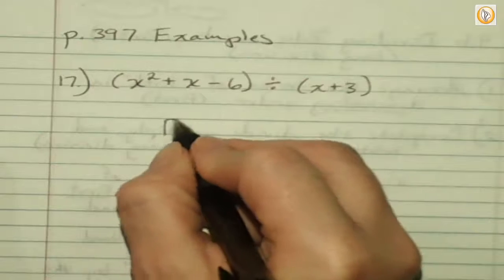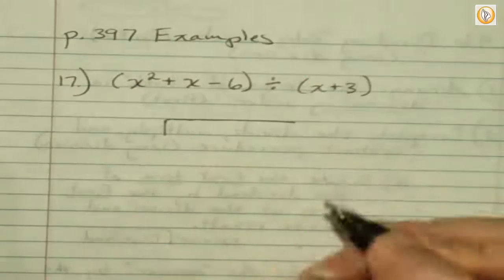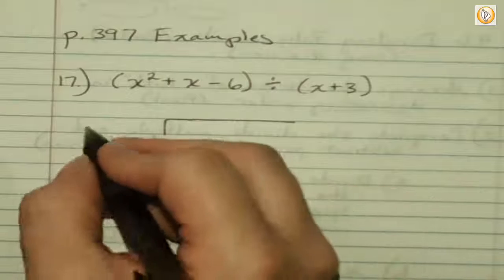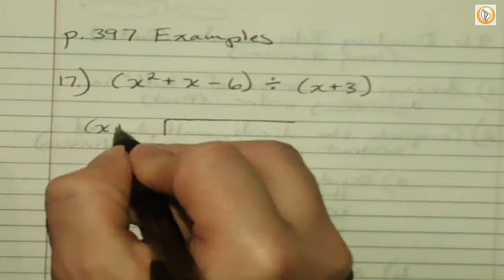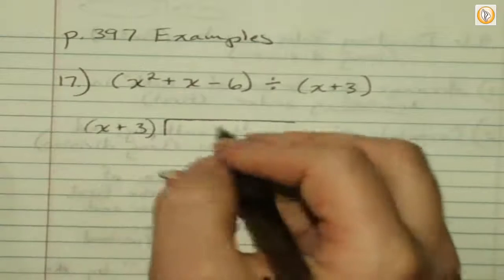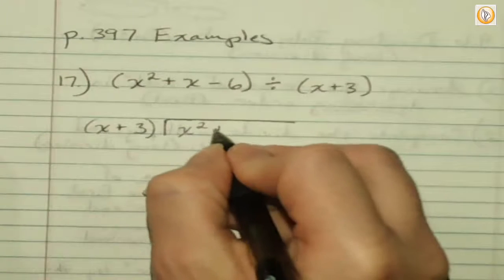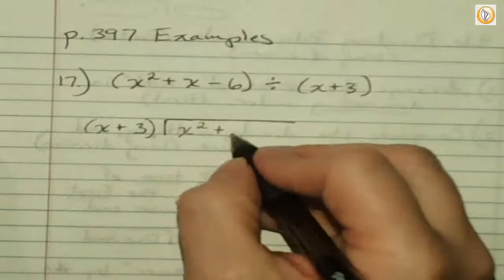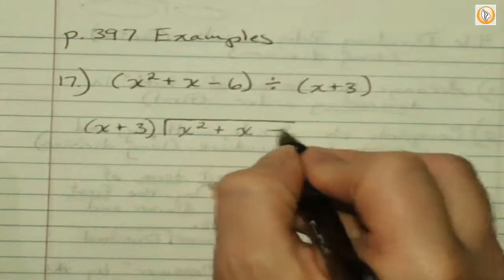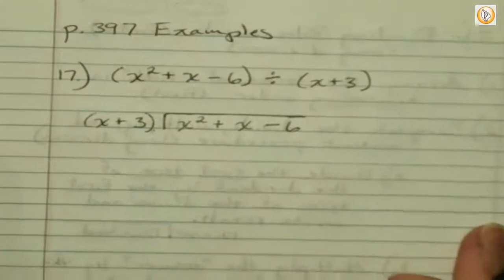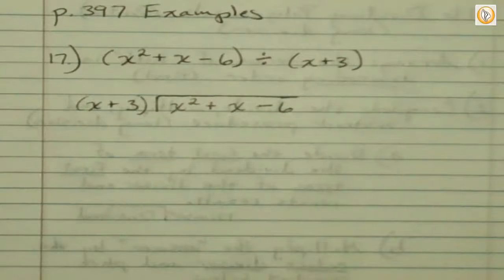So I'm going to draw my little dividing apparatus thing. And I'm putting x plus 3 here. And in here, I'm putting the x squared. And you'll even have to put that in parentheses, really. Plus x minus 6 in here. Write that down and we're going to get started. It's tedious.